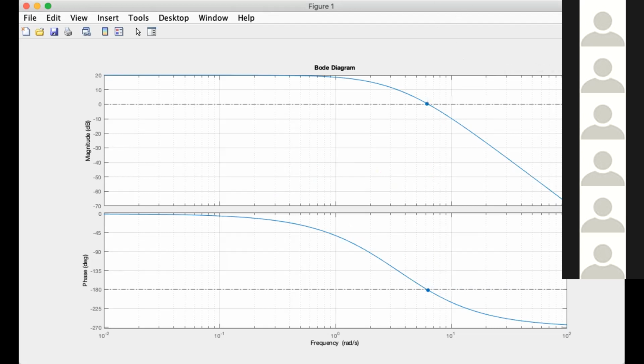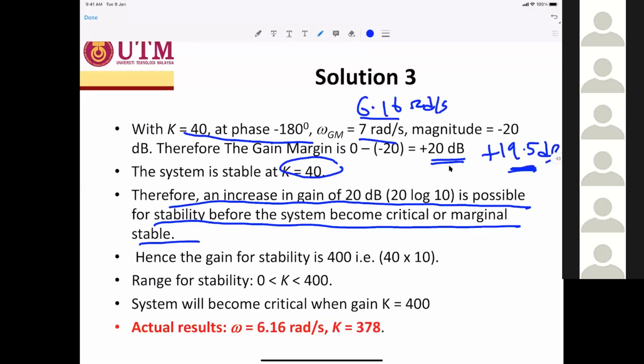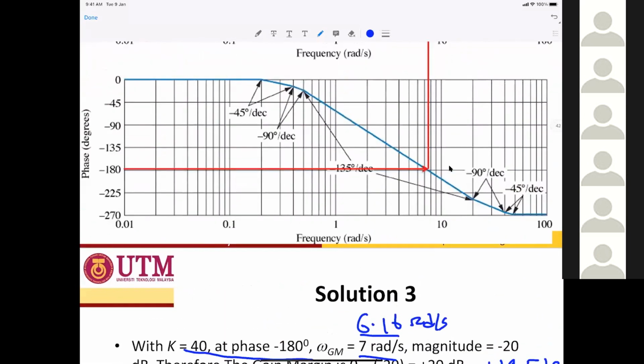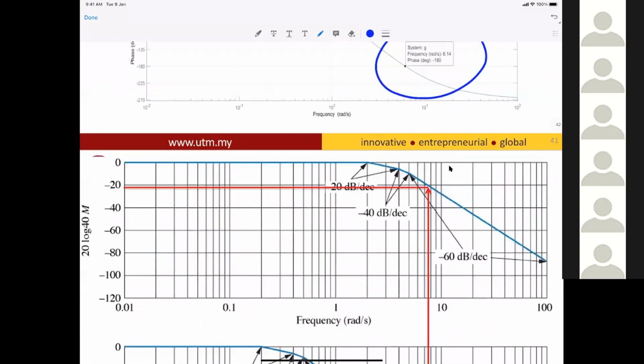Or you can simply use a Routh table if you want to see the exact value of the critical gain. We can calculate it using a Routh table.